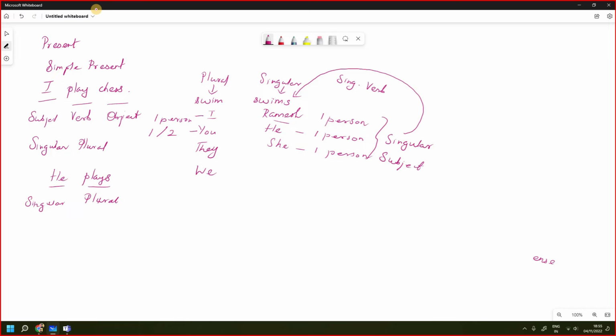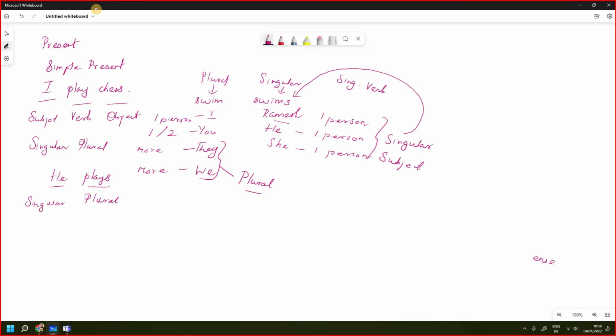So you changes as per the context, but they is always more people. It can be two or more people. Similarly, we can also be two or more people, but definitely not one person. These two, they and we, are always plural, because they means many people, we means many people.